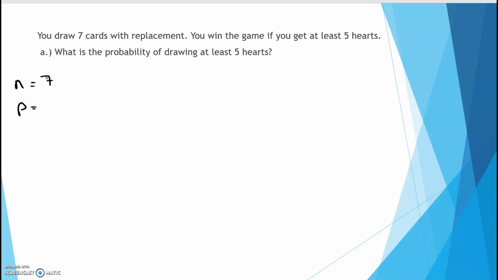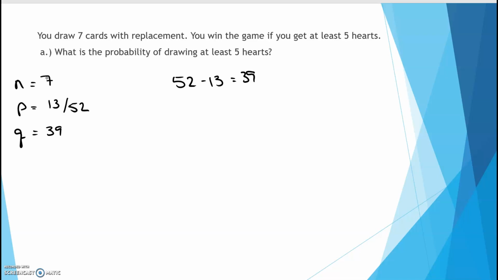Probability of success, or P, would be drawing a heart. So how many hearts do you have in a standard deck? Well, you've got 13 hearts out of 52 cards. How many cards are not hearts? Well, first off, 52 minus the 13 cards that are hearts, that's going to leave you with 39 cards that are not hearts.